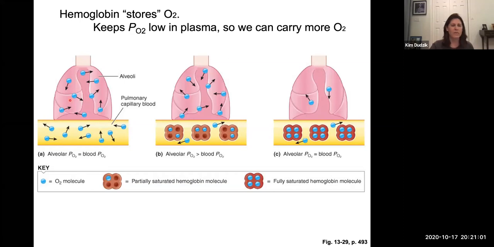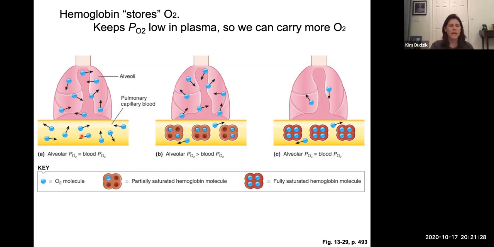So oxygen is going to diffuse across until the partial pressures equilibrate. Let's imagine we can count 1, 2, 3, 4, 5, 6, 7, 8 oxygen molecules in the lungs, and so oxygen's going to keep moving across until it equilibrates. So that's what we have here. Now we have 8 oxygen molecules in the plasma.